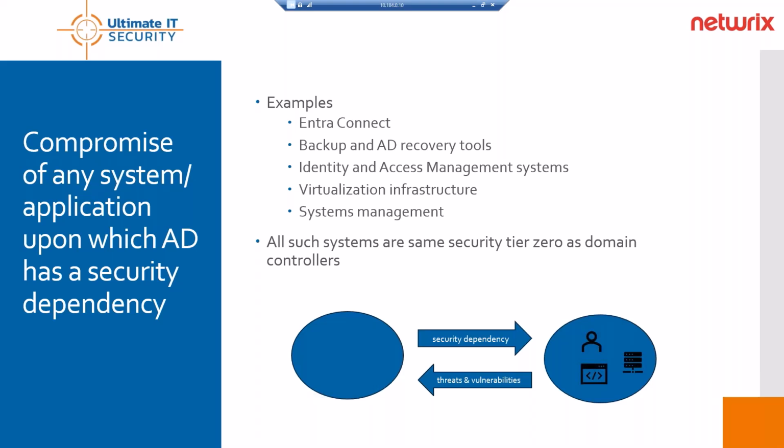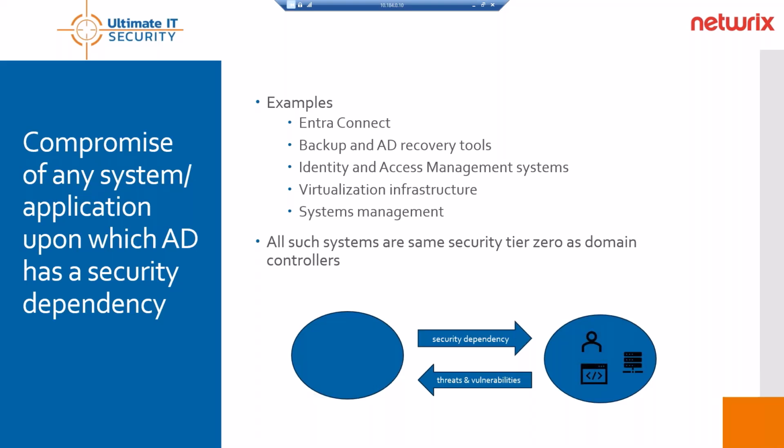Any system, application, account, or other entity upon which Active Directory has a security dependency now becomes just as important. They become the same level of security as your domain controllers, which we would normally call tier 0.